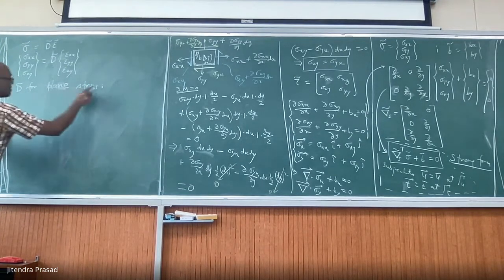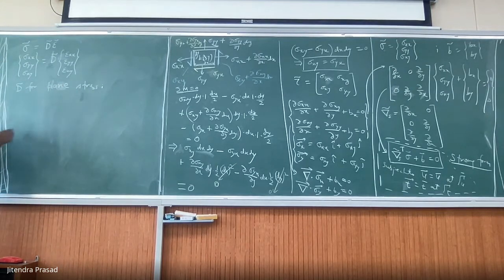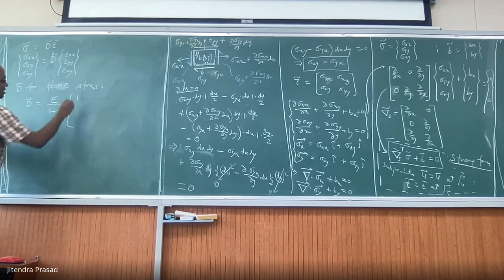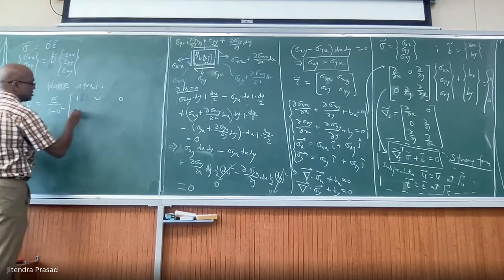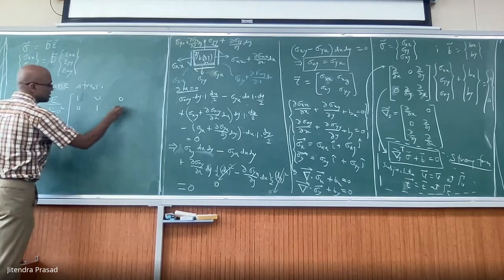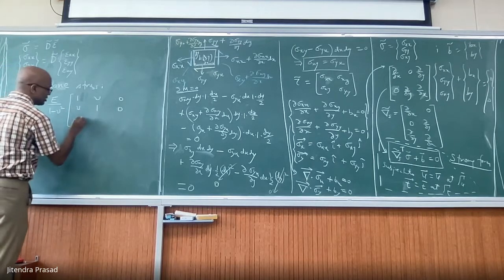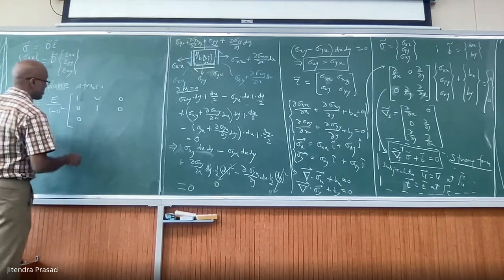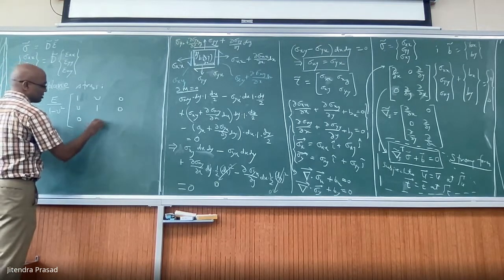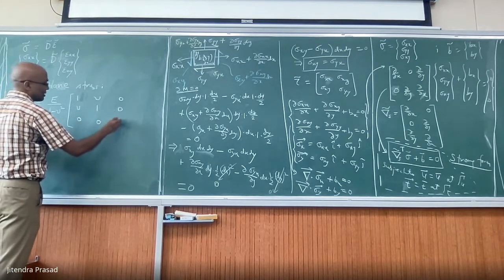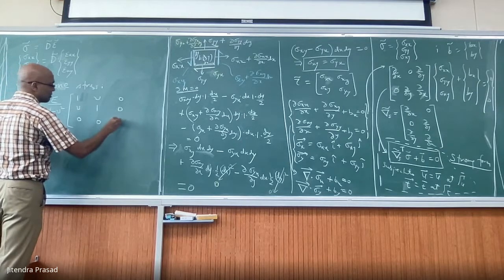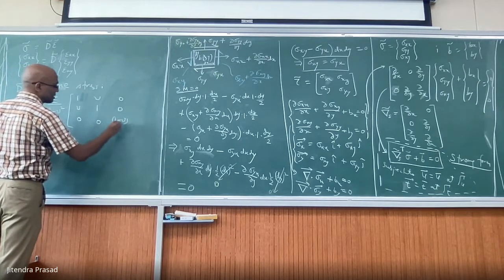So D for the plane stress problem is given by D equal to E divided by 1 minus nu squared, times the matrix with rows 1, nu, 0; nu, 1, 0; and 0, 0, and then (1 minus nu) divided by 2.